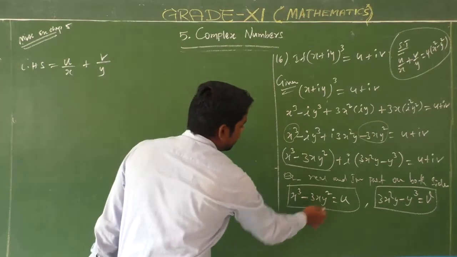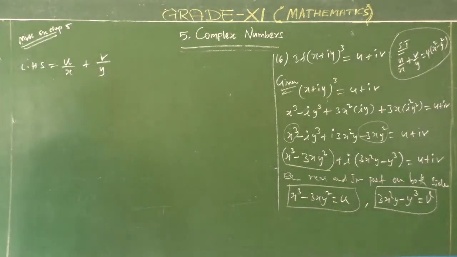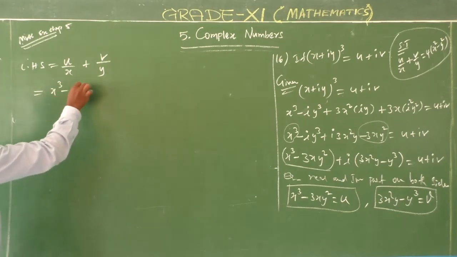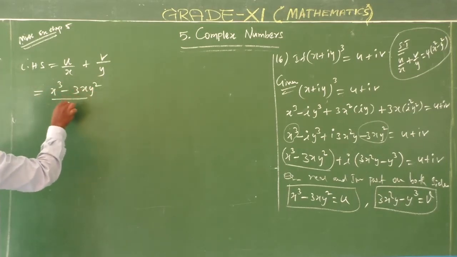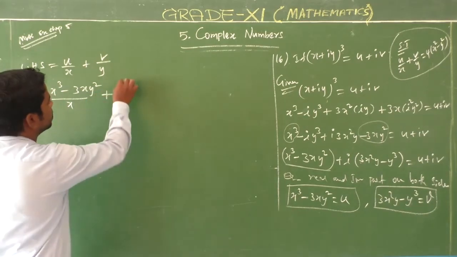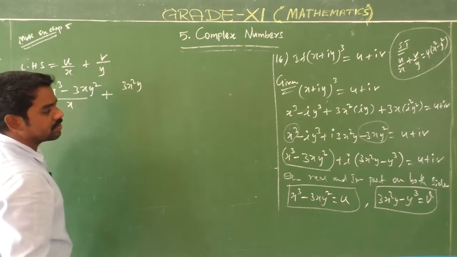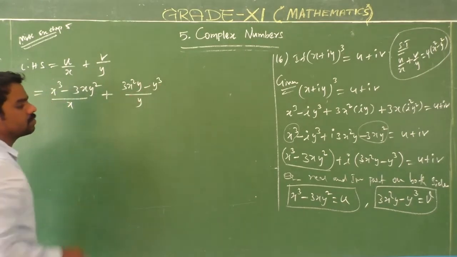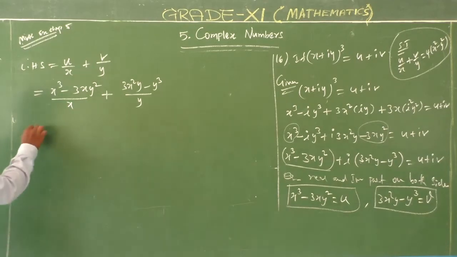You know, u is x cube minus 3xy squared, divided by x, plus v is 3x squared y minus y cube, divided by y.